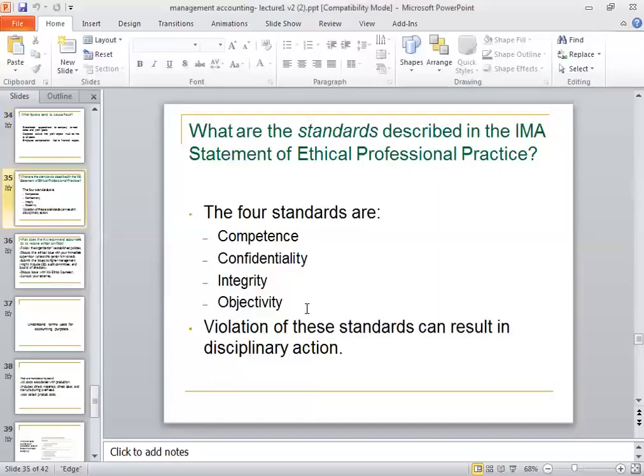But in terms of the pressures that management accountants often face, it's this idea of keeping your independence, your integrity, and your objectivity. Because at the end of the day, we're not there to ensure that the results that we project get achieved. We're there to make sure that people are objective in their decisions, have the right data, and that they follow the rules.